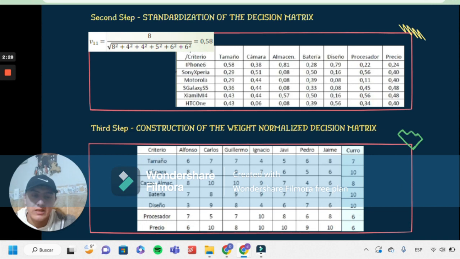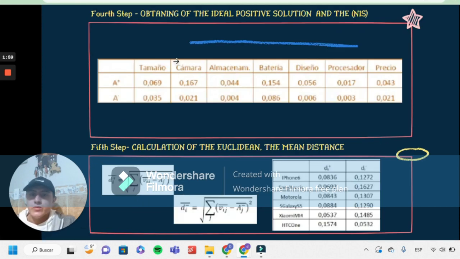That is, having the numbers divided by the total of each category. Then we are going to do the construction of the weight normalized decision matrix. We have here the criteria and how each person punctuated the phones.